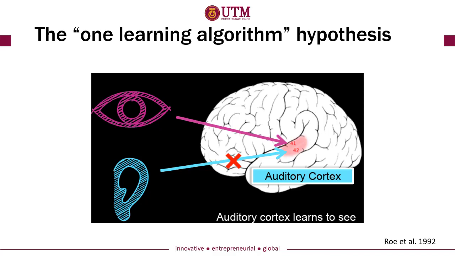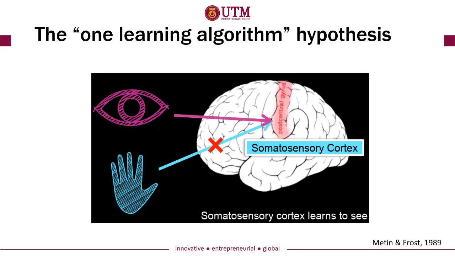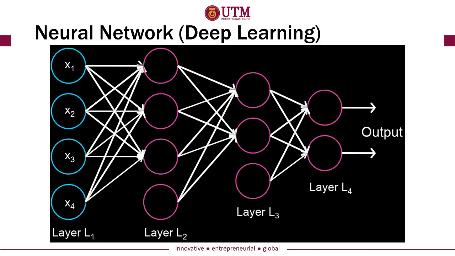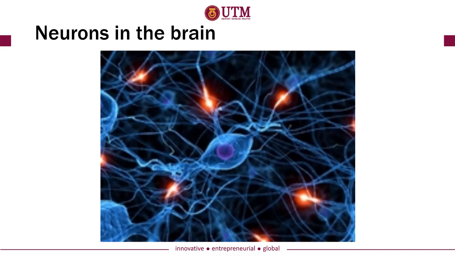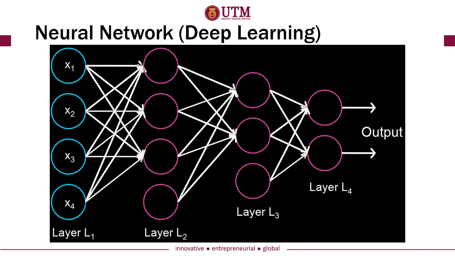Okay, according to this research from neuroscience. Then again, I think this one I already discussed in the previous chapter. From the neurons in the brain, it becomes a neural network, and that is deep learning.